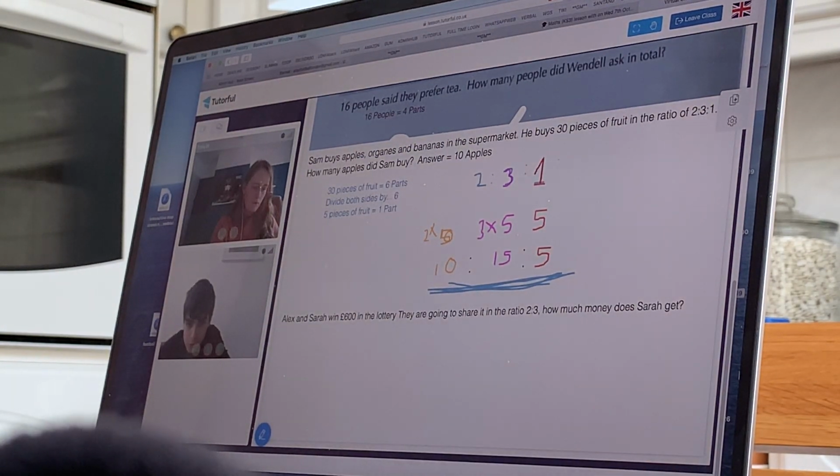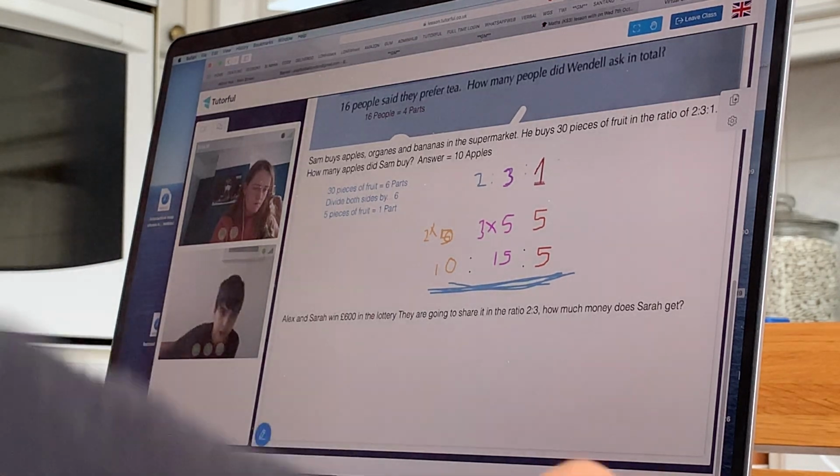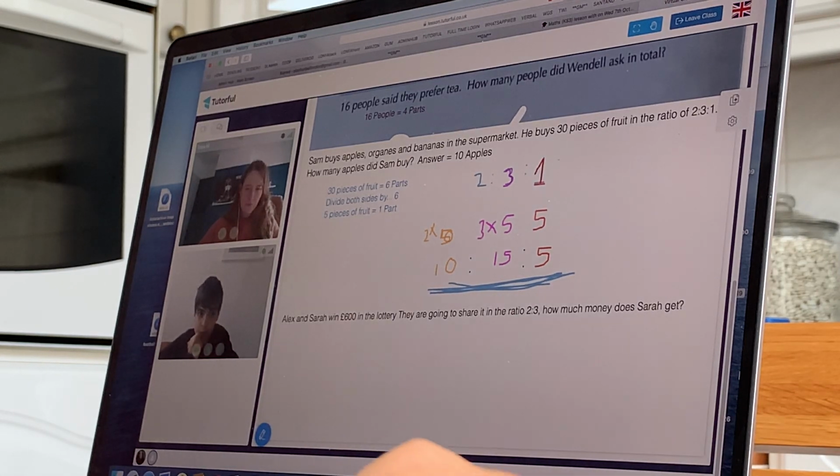Would 2 become 100, and 3 would become 500?